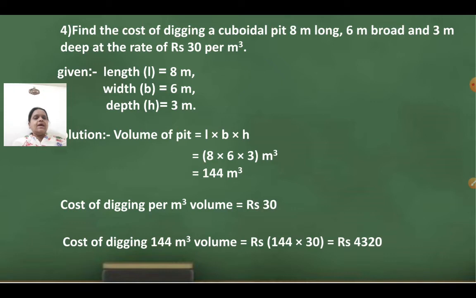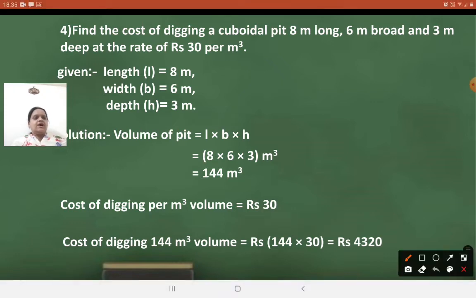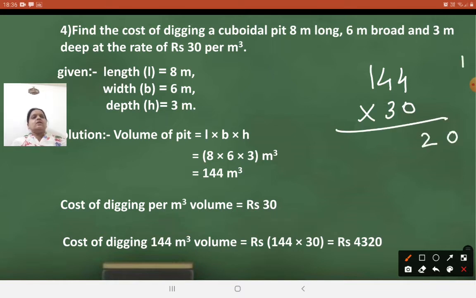So multiply 144 into 30. 0 will be as it is, 3 4s are 12, carry 1, 3 4s are 12 plus 1, 13, carry 1, 3 1s are 3 plus 1, 4. Therefore, the total cost of digging is equal to rupees 4,320. Is it clear to all of you?